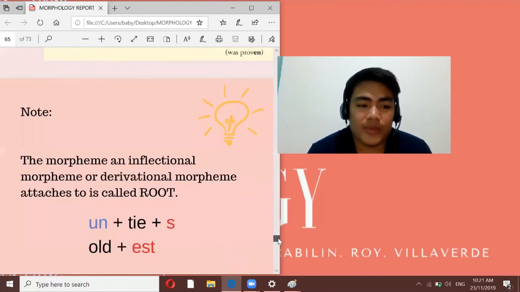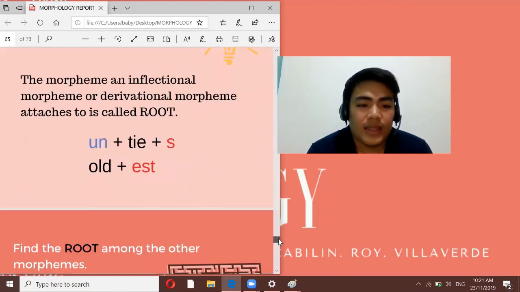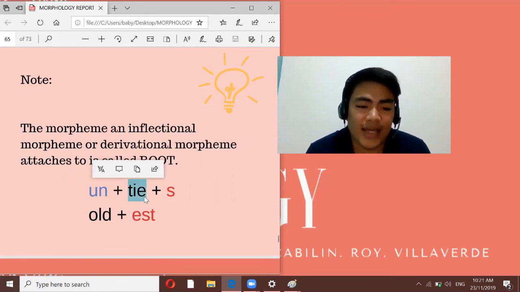Some things to remember. The morpheme that an inflectional or derivational morpheme attaches to is called the root. So the root word in the word unties is tie.